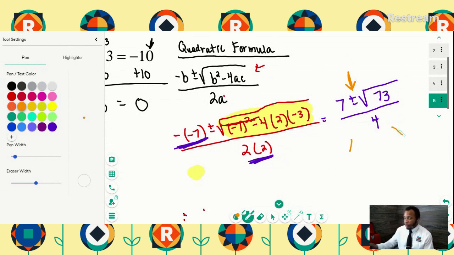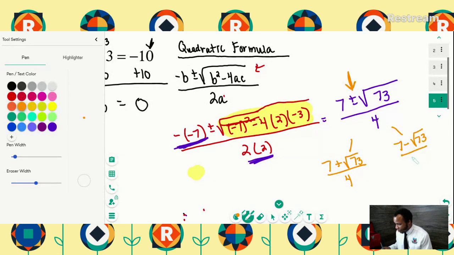What this means is that once you work this out, you're going to get 2 different answers. Your first answer would be 7 plus the square root of 73 over 4. And your second answer is, what do you think? Same thing, except you're going to have 7 minus the square root of 73 over 4.